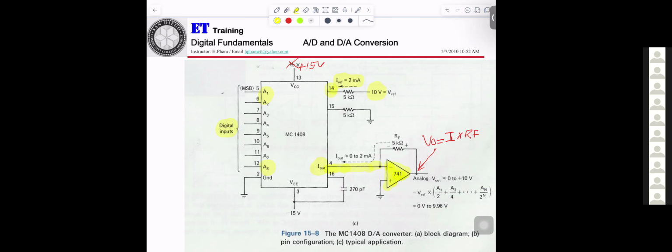Okay. Why do you want to get 0? Because you cannot have 10 volts on both sides. Where pin 14 is, you can't have 10 volts there and then on the other side you got 10 volts equal VREF. You can't have 10 on both sides.